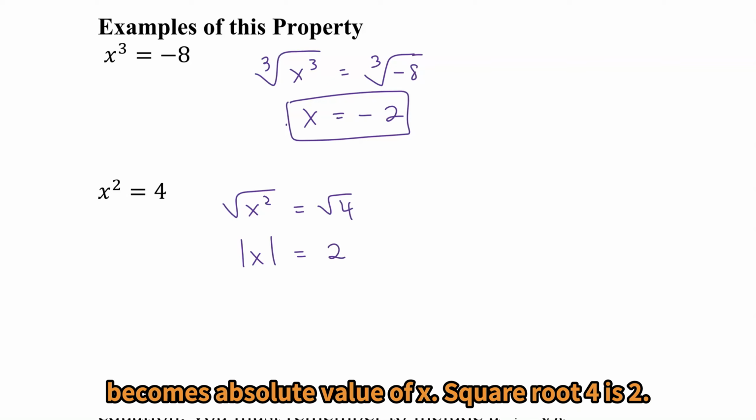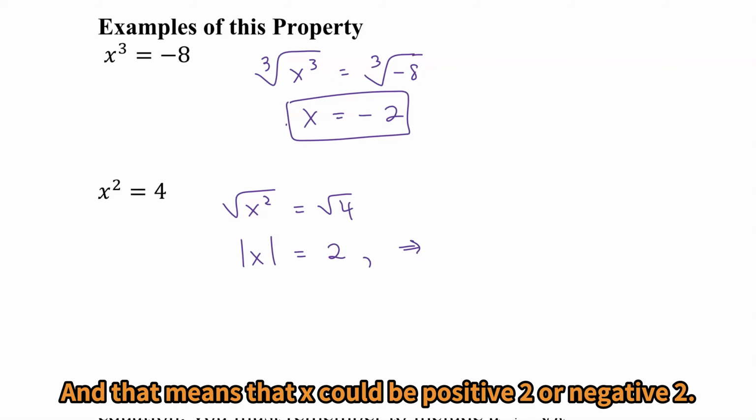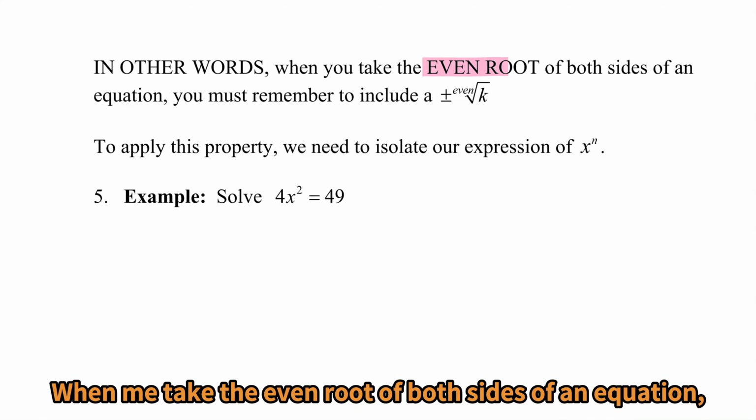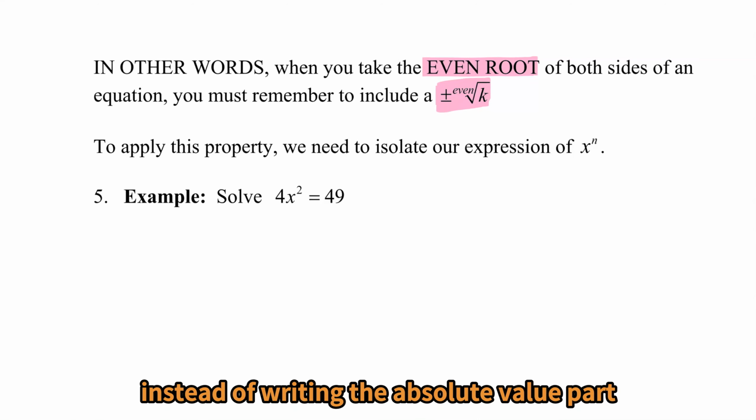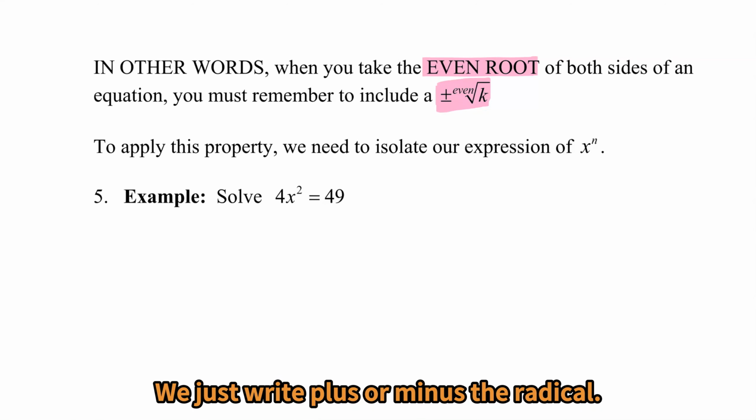The square root of 4 is 2, and that means that x could be positive 2 or negative 2. When we take the even root of both sides of an equation, instead of writing the absolute value part, we just write plus or minus the radical.